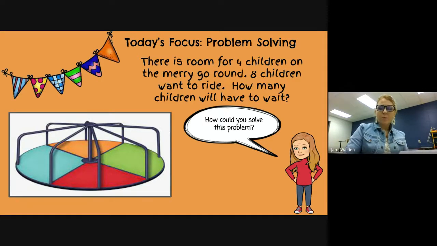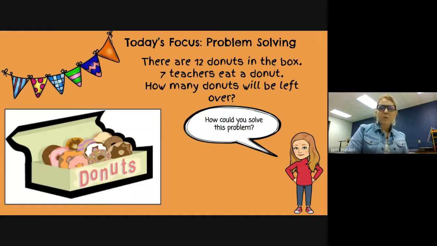Let's try another problem. There are 12 donuts in the box. 7 teachers eat a donut. How many donuts will be left over? So I could start with 12 circles. Let's make sure we've counted them correctly. These represent my donuts. 1, 2, 3, 4, 5, 6, 7, 8, 9, 10, 11, 12. 7 teachers.